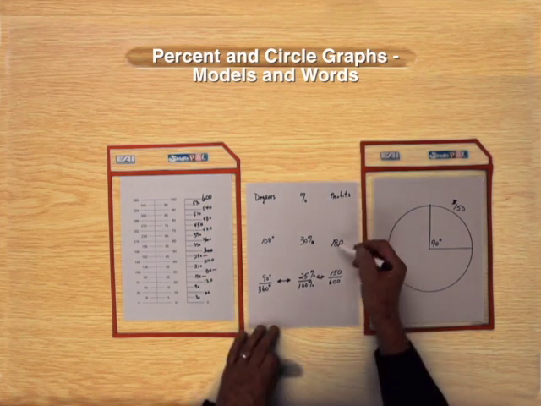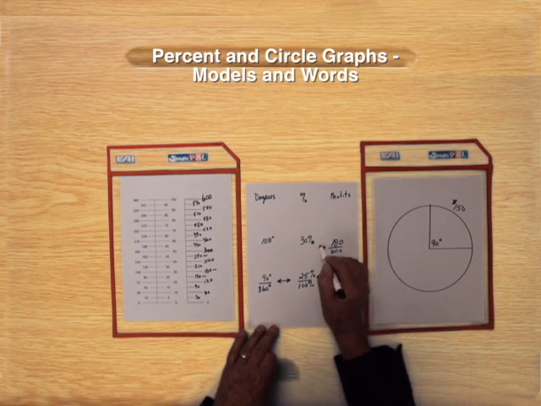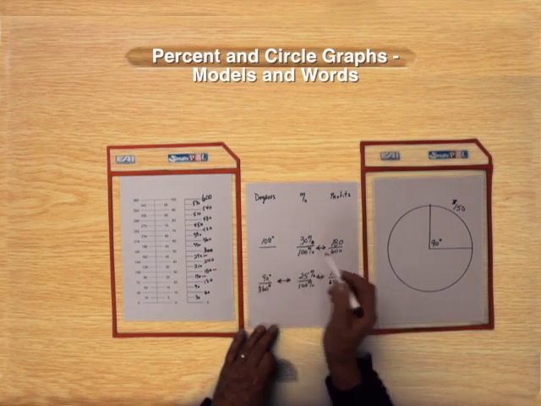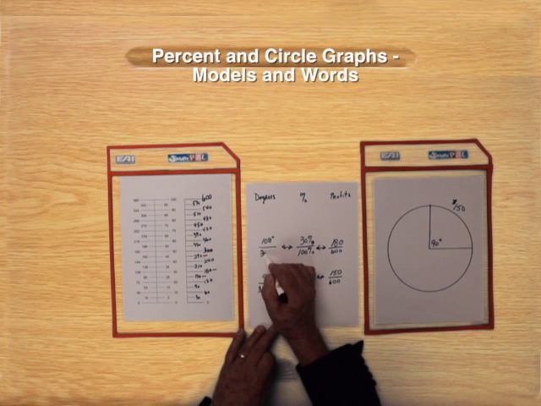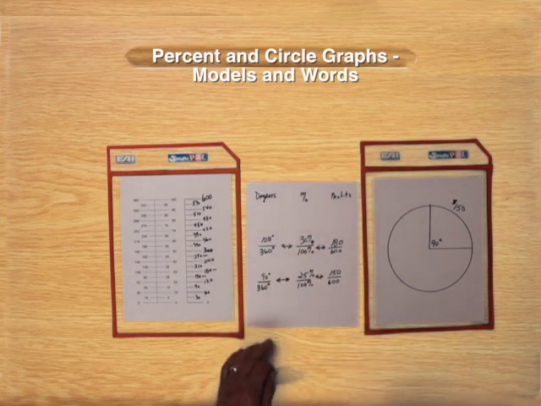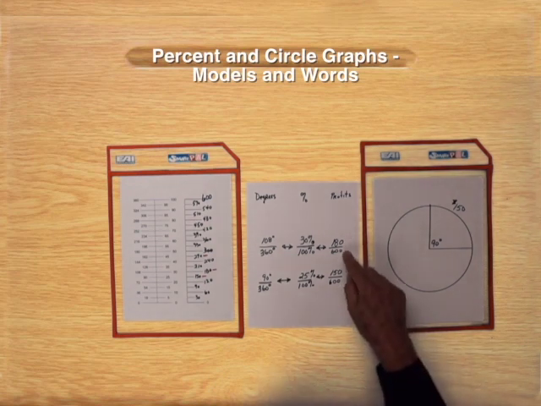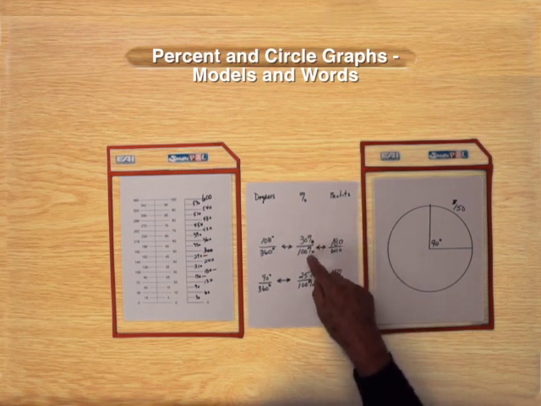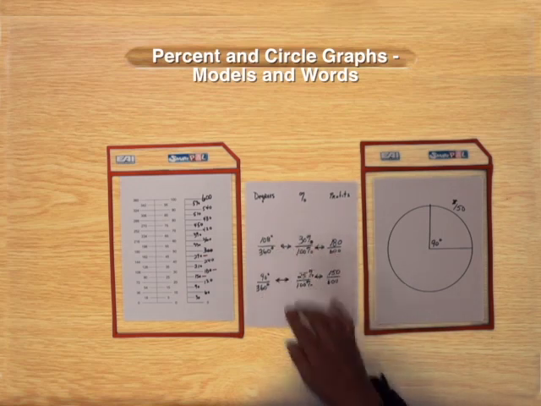So we have $180 out of the $600 in profits, and that is in the same position as 30% is to 100%, and that's in the same position as 108 degrees is to 360 degrees. So we now have 180 is in the same position relative to 600, as 30% is relative to 100, as 108 degrees is relative to 360 degrees.